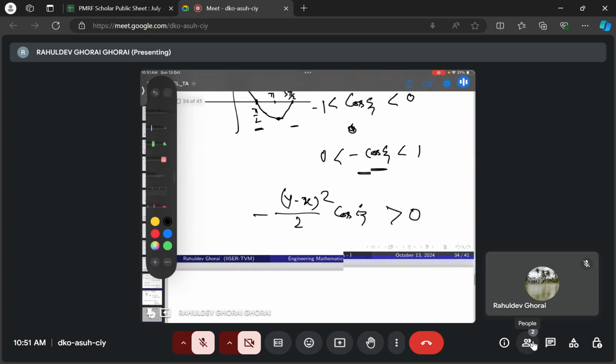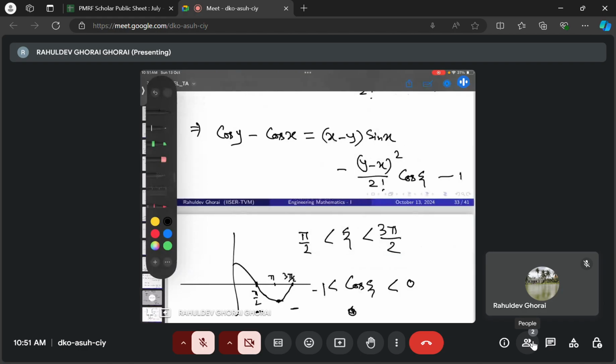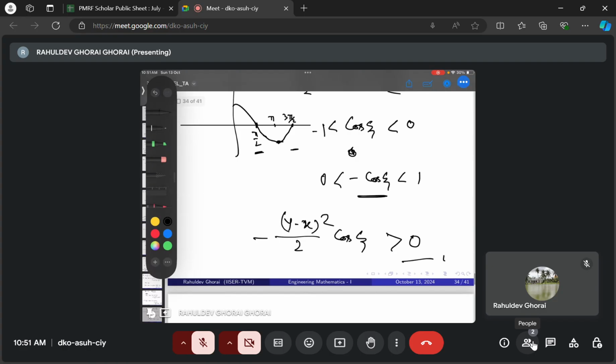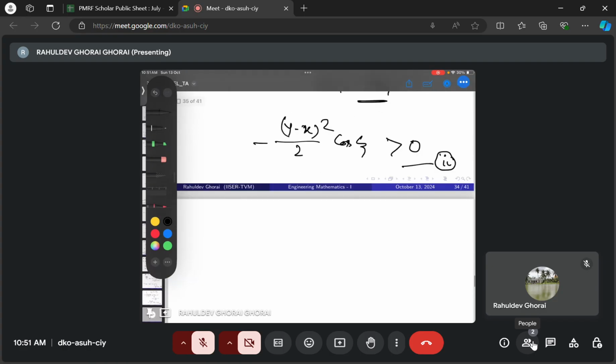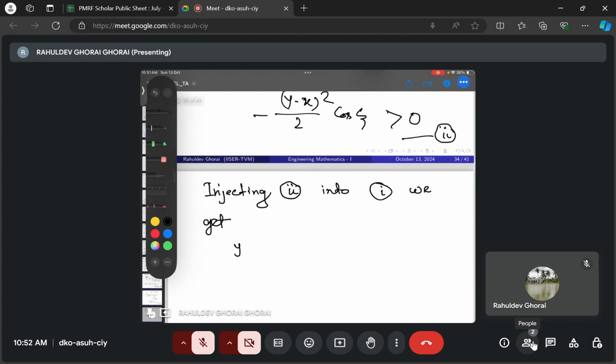So if this is positive, let's say from equation 2, injecting 2 into 1, we get cos y minus cos x is greater than x minus y times sin x, right?